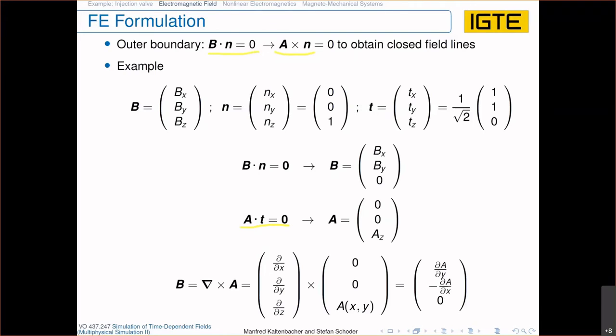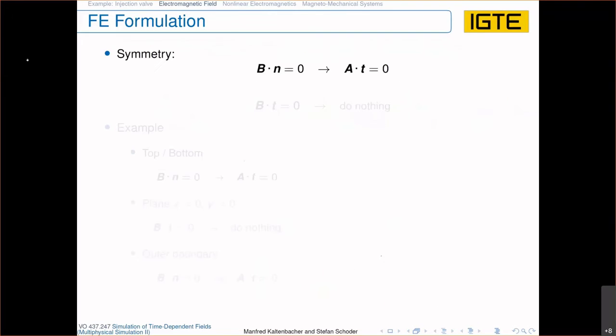Okay, so in this sense, you see what we have to force, and the nice thing for the edge finite element is that on such a surface, which is the outer surface of your computational domain, we always set all our edge degrees of freedom to 0 for the magnetic vector potential. So the magnetic vector potential just can have a component in normal direction and forces that we fulfill B dot n equal to 0. Okay.